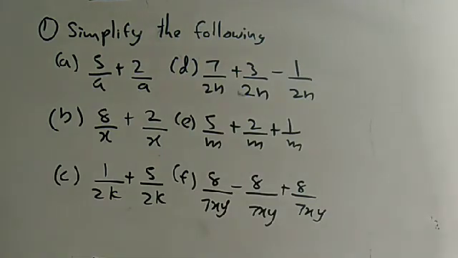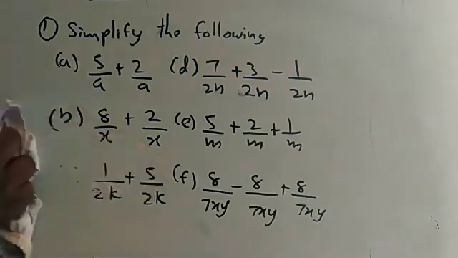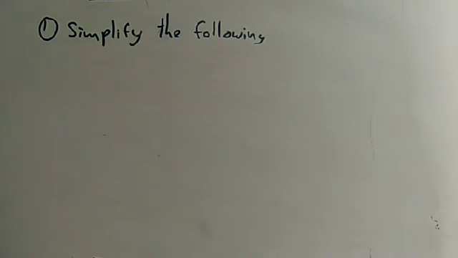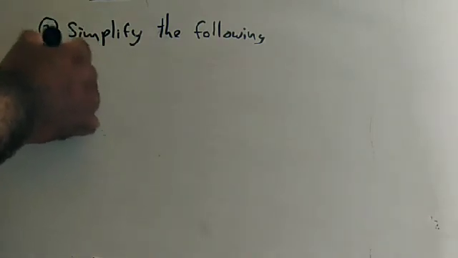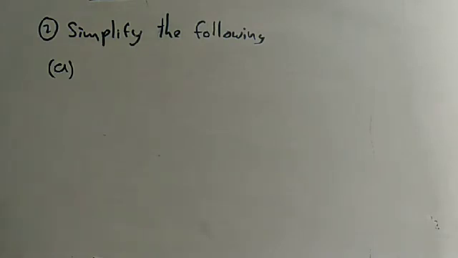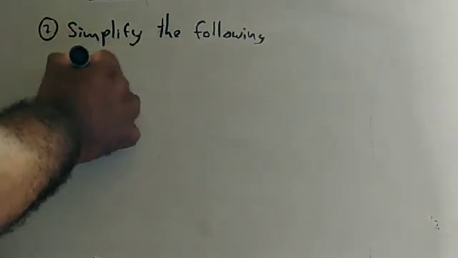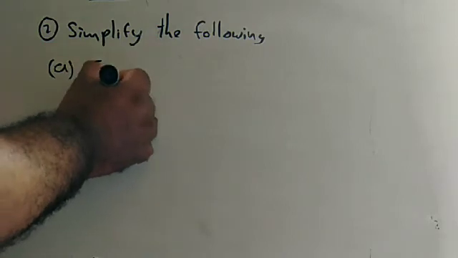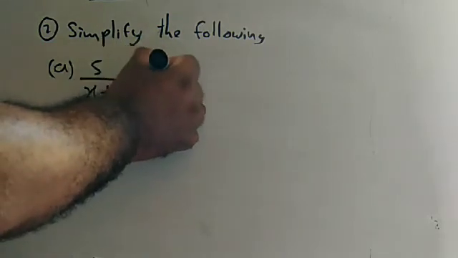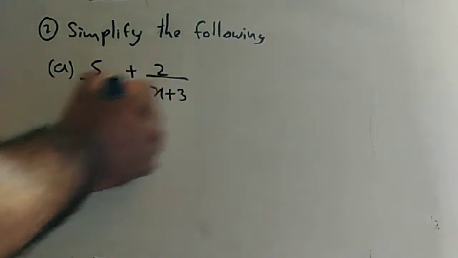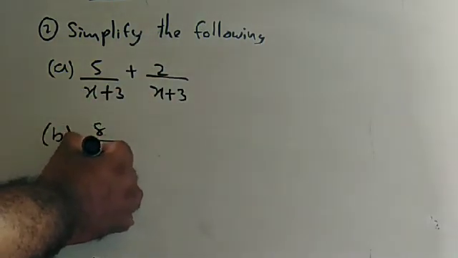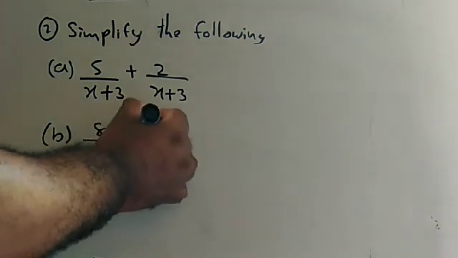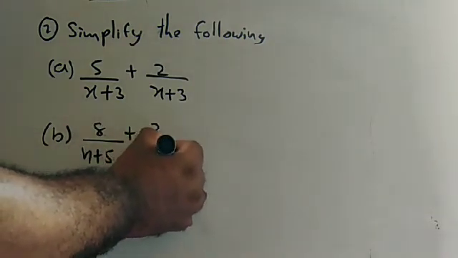Right, another one, second one. Simplify the following. A, 5 upon x plus 3 plus 2 upon x plus 3. B, 8 upon n plus 5 plus 3 upon n plus 5.